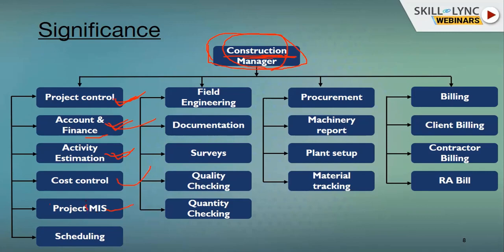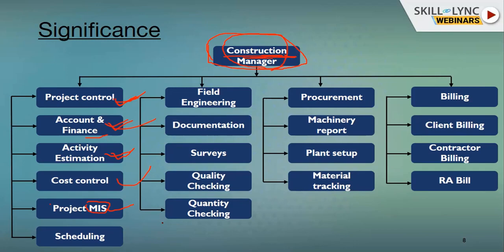Okay, project MIS means management information system. If any part of a site has been executed, we cannot just call the management, which consists of upper level people like the director of the company, client head, the authority or the project head. We cannot just mail them or call them to brief them about the project.